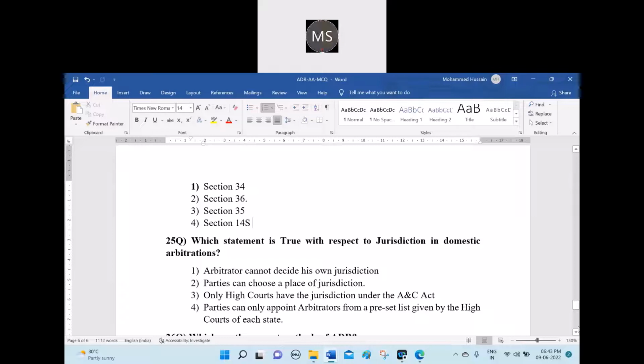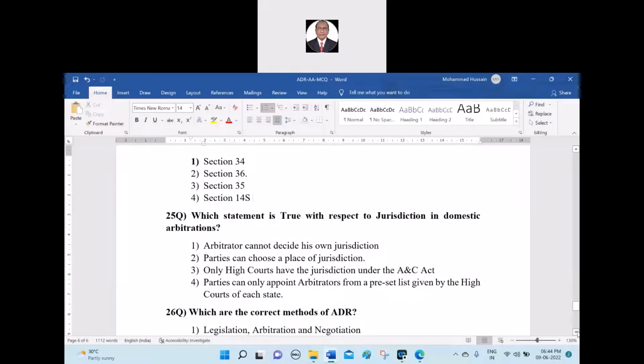Fourth, parties can only appoint arbitrators from a preset list given by the high courts of each state. Which one is the appropriate answer among the four? The right answer is parties can choose a place of jurisdiction, because it is a domestic arbitration, so they choose the jurisdiction on their mutual understanding. So that is the right answer for the 25th question.